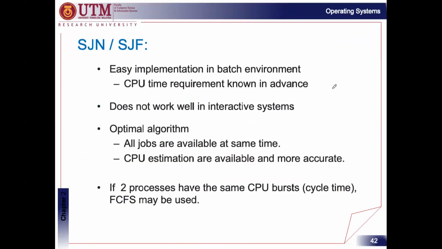Finally, SJN and SJF have easy implementation in the batch environment, and the CPU time requirement is known in advance. It does not work well in an interactive system, and it is the optimal algorithm when all jobs are available at the same time and CPU estimations are available and more accurate.